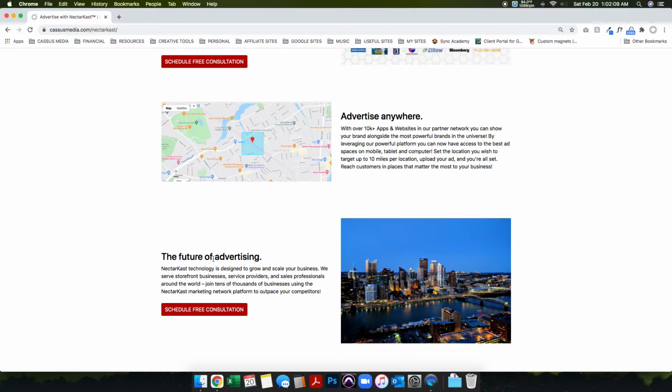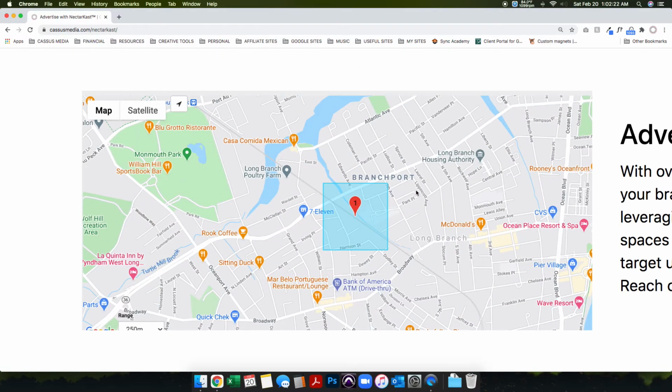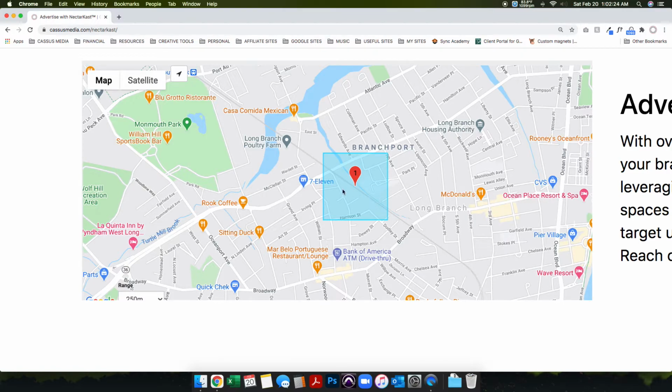If you've ever heard of demographic targeting or geo-targeting of advertisements, it's essentially what it is. I'm just going to zoom in on this picture. It's easier to explain. You get so many squares of mileage, and I think it's like 100 yards or meters, or I forget the radius of what you can put out there.